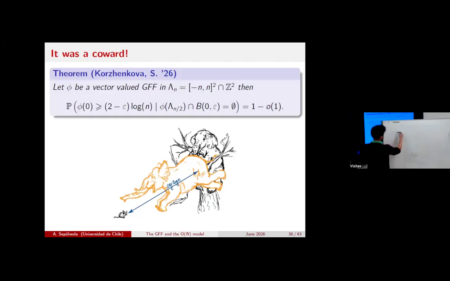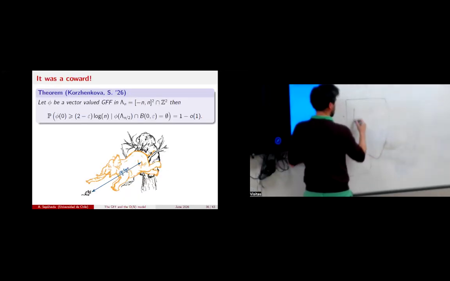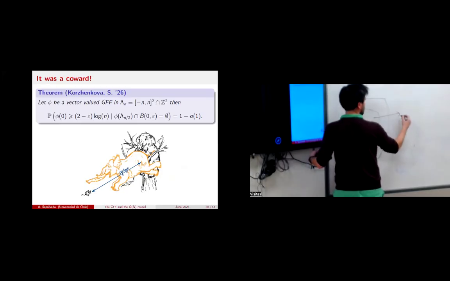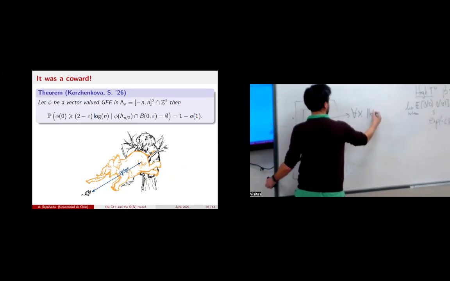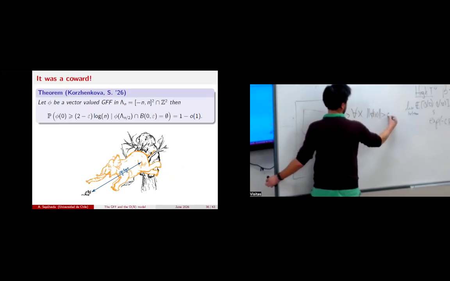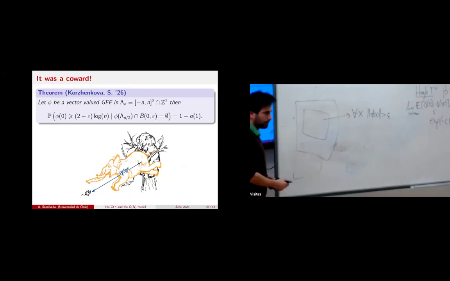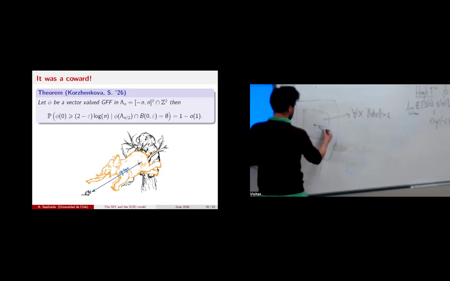So you have 0 here, and for technical reasons, let's say that for all x the norm of phi x is bigger than epsilon. It's not that much of a thing to ask for, since a point typically doesn't satisfy this. This means that this is what I wrote here. So this is n/2, and this is n.